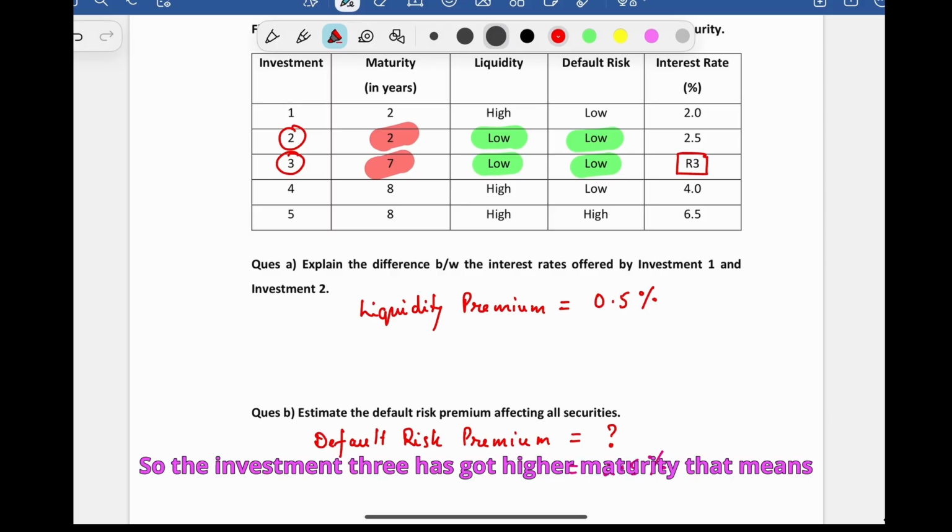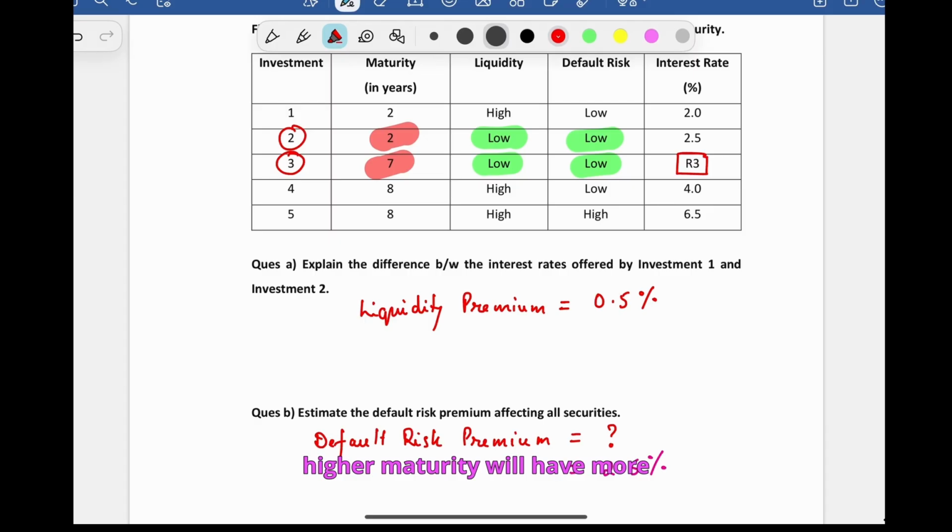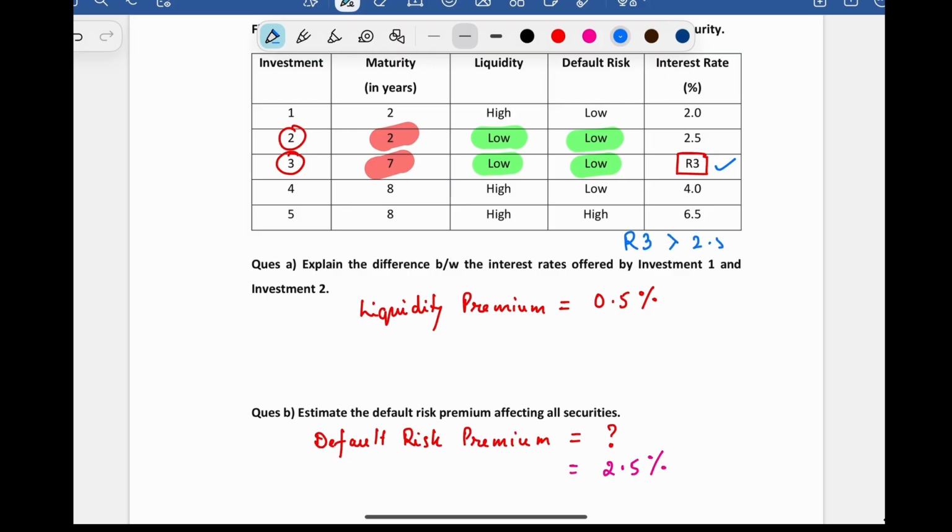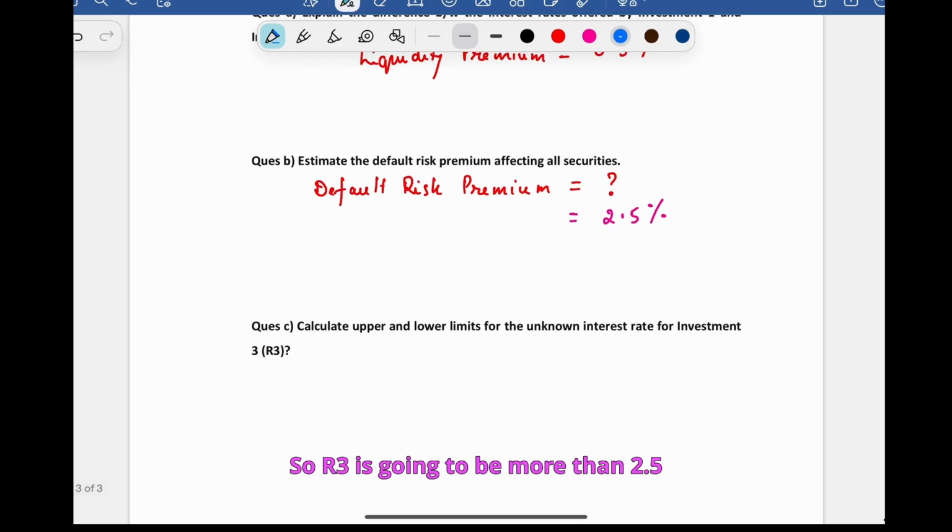So investment 3 has got higher maturity. That means higher maturity will have more maturity risk premium. So definitely our R3 here is going to be more than 2.5. So we have got one lower limit. R3 is going to be more than 2.5.